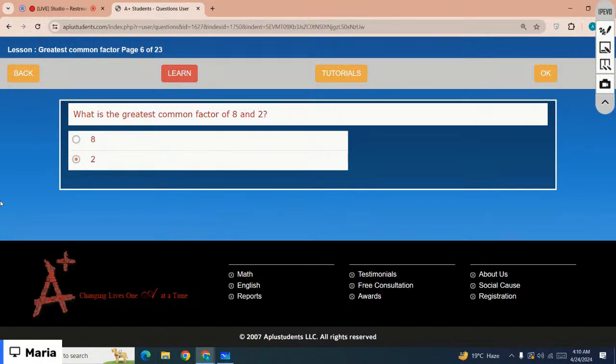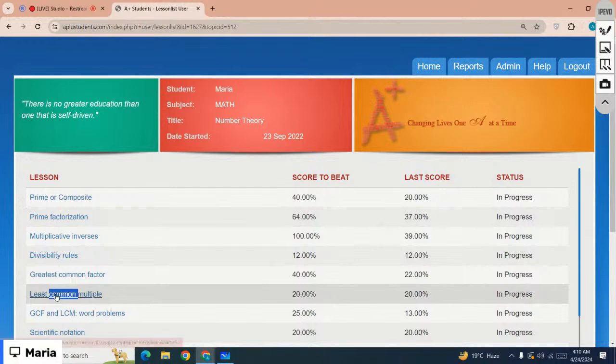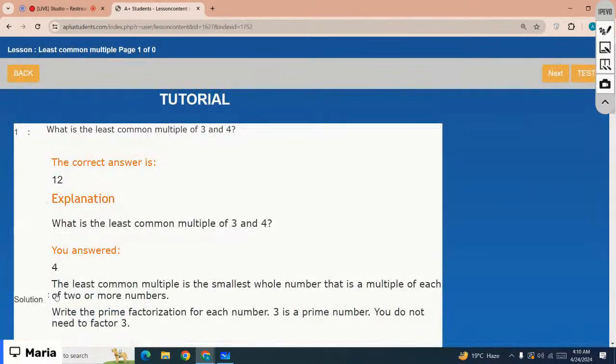The next lesson is least common multiple. What is the least common multiple of 3 and 4?